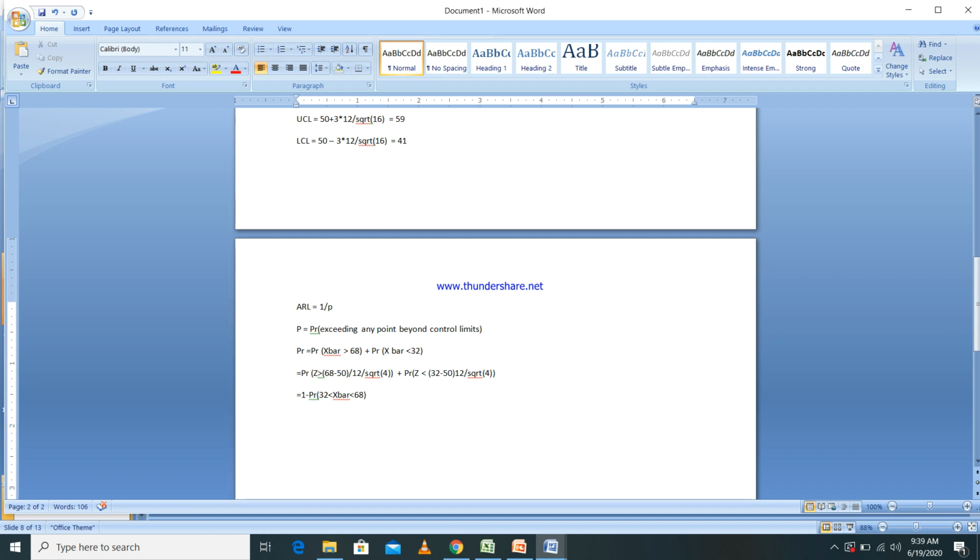So again, to calculate this probability, what you can do is you can take standard normal table and calculate the probability, first you can convert these numbers into z-score. That is 32 minus 50 divided by the standard deviation, that is 12 divided by square root 4, right?